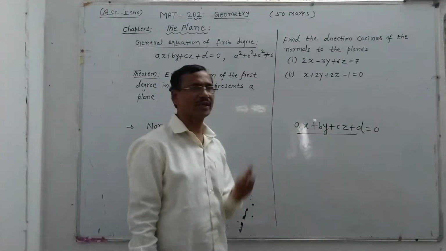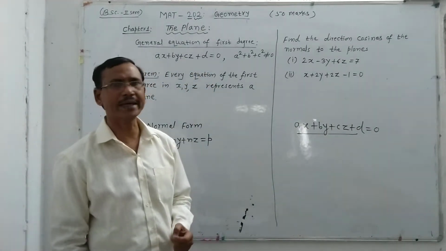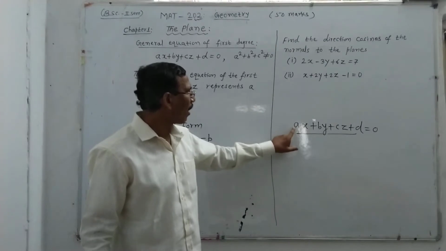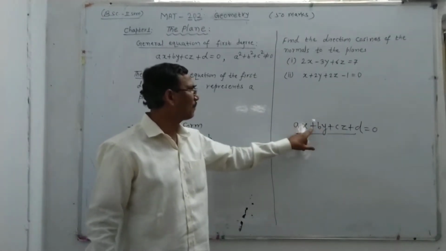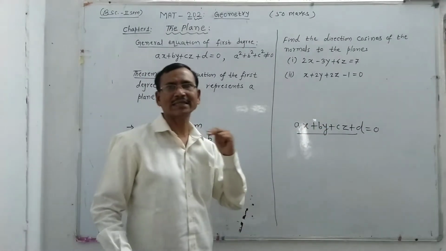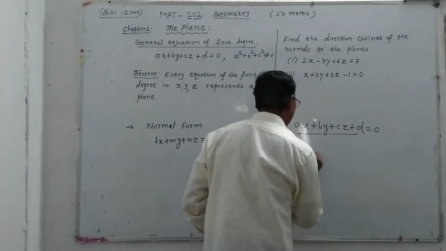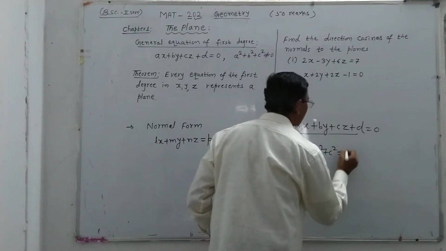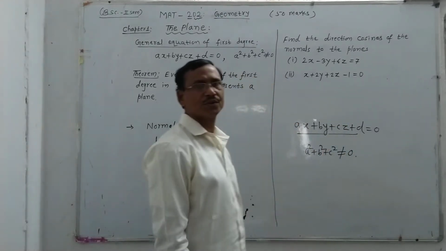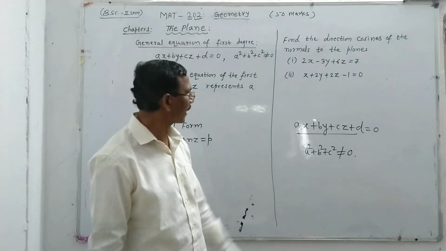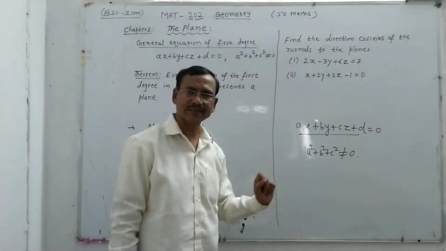It is a linear equation in first degree. As these three coefficients a, b, c are not all 0 at the same time, this condition can be written as a square plus b square plus c square is not equal to 0.